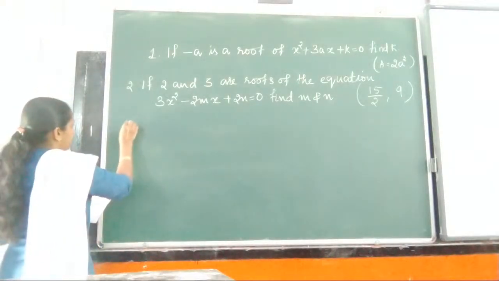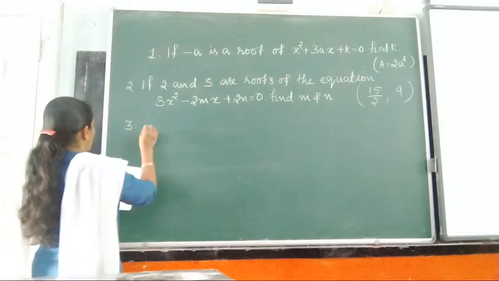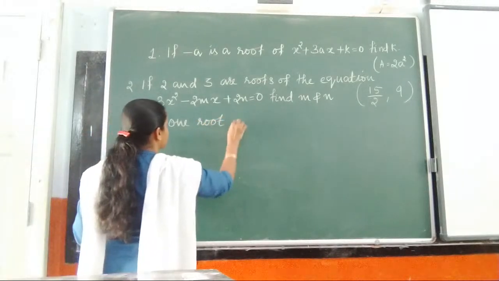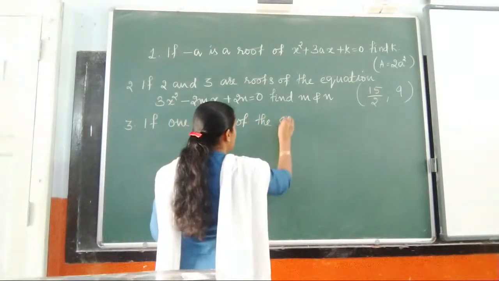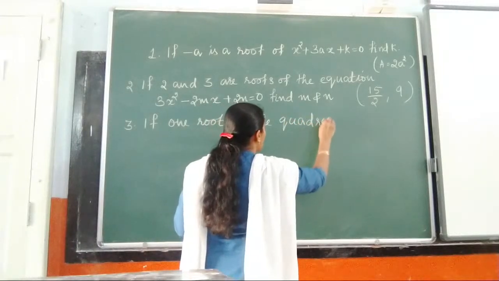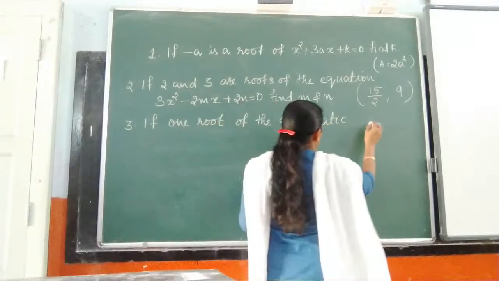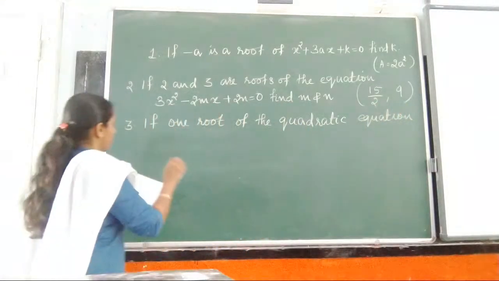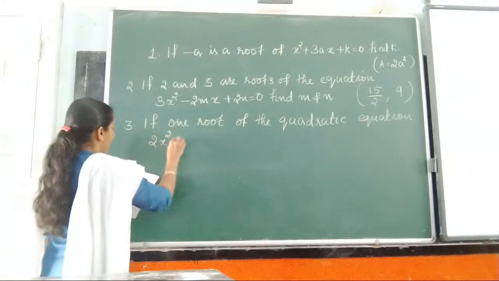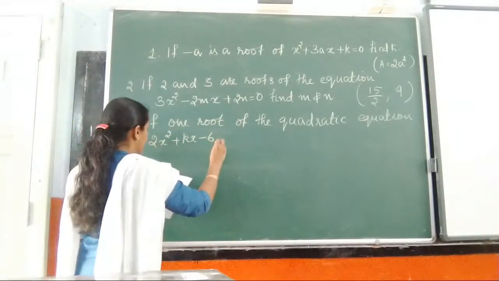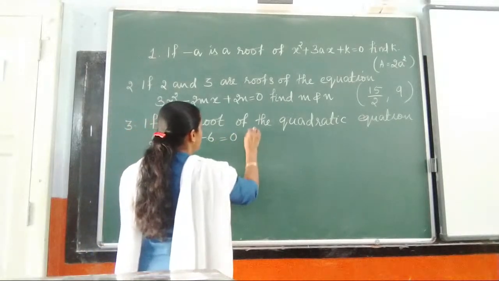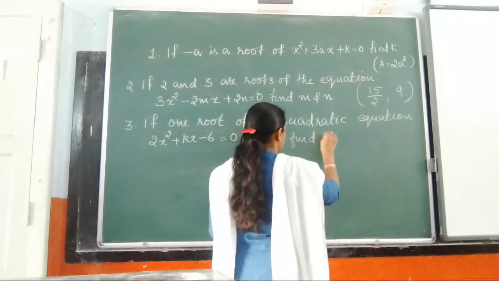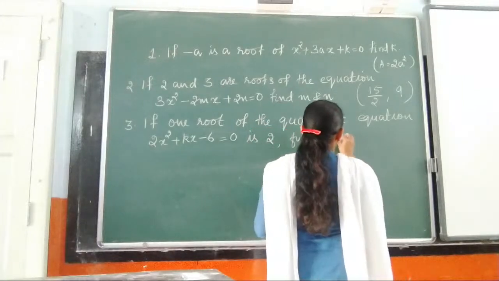Then the third question. If one root of the quadratic equation, minus x equal to 0, is 2, then find k and also find the other root.